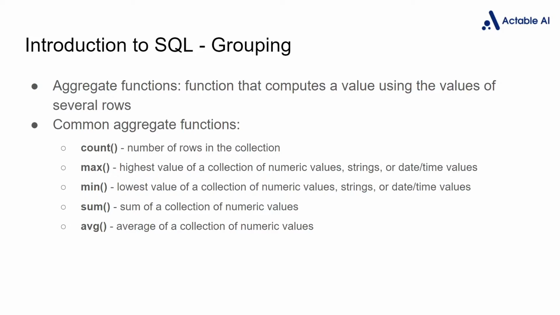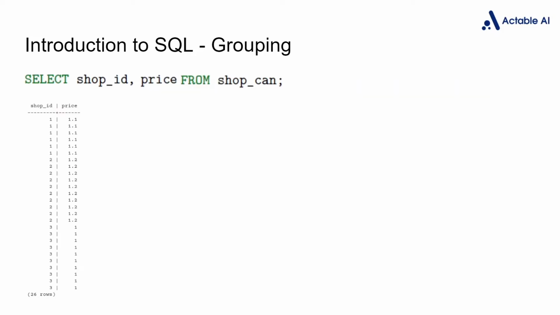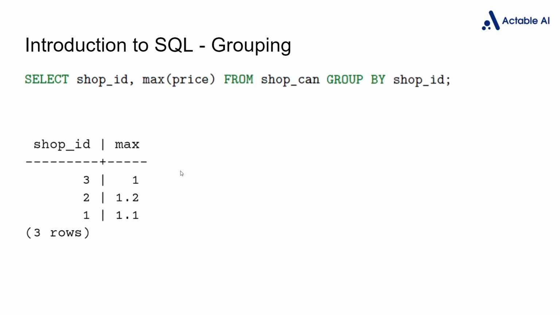So let's look at an example here. We have this shopcam table. Here we have the shop ID and the price. We can see multiple shop IDs and some prices. Now we are going to group this table by shop ID, meaning that we will have one row per shop ID and that's it. And for this, we'll use an aggregate function to regroup the prices together. So let's look at what we do here.